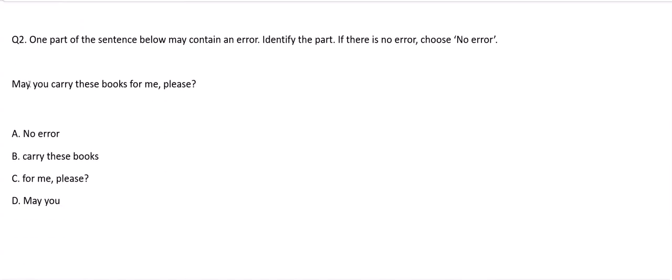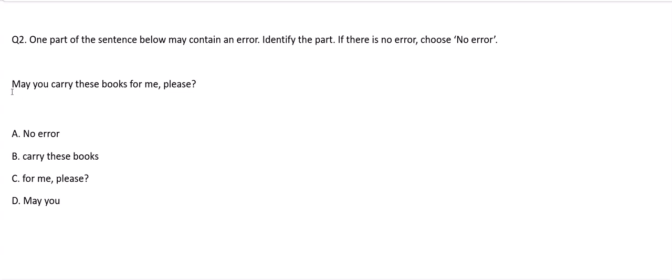The second question is also on error identification. We'll see: may you carry these books for me, please? Here the may is a modal verb. May, can, could, might, shall, should, these are all called modal verbs.